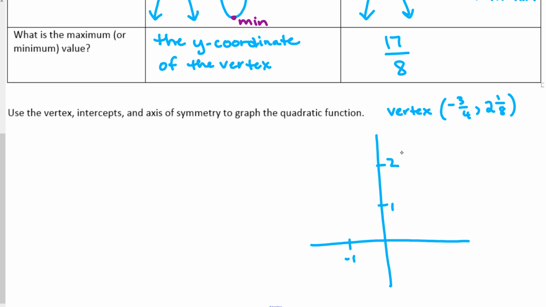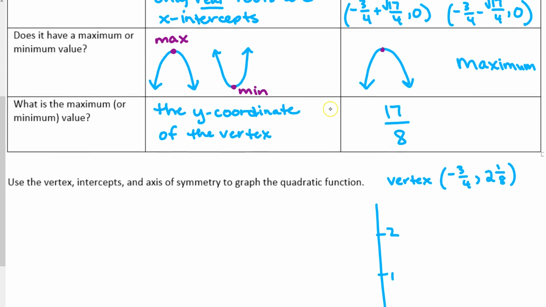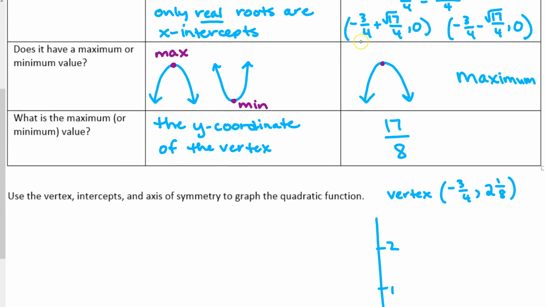And the x-intercepts we found to be negative 3/4 plus or minus square root 17/4. But if you approximate those with a calculator, you get about 0.28 and negative 1.78.